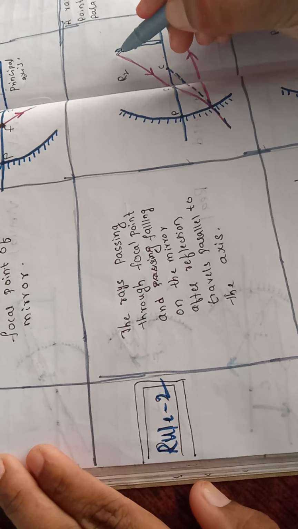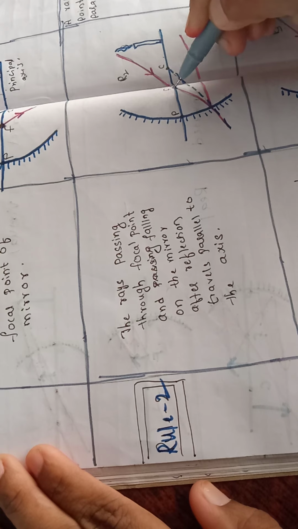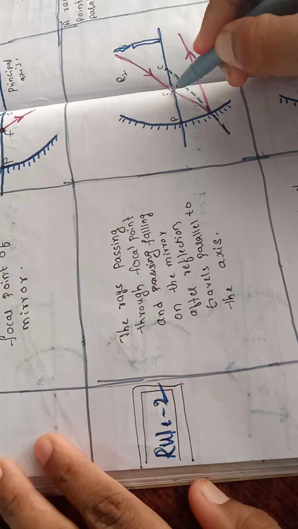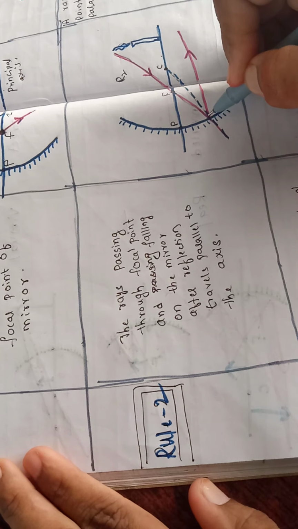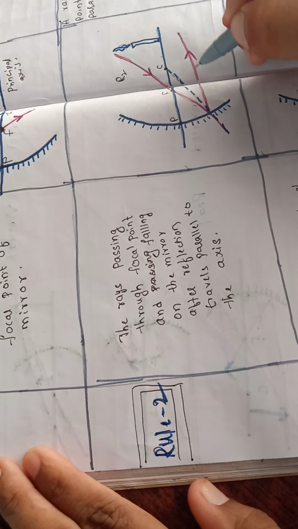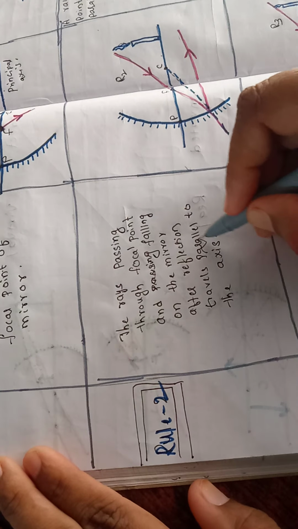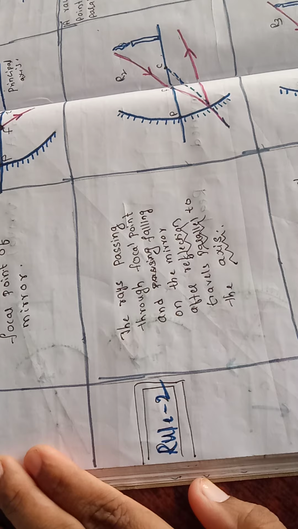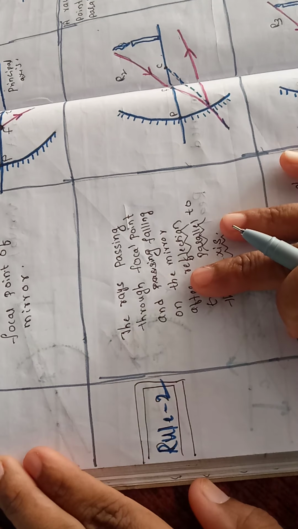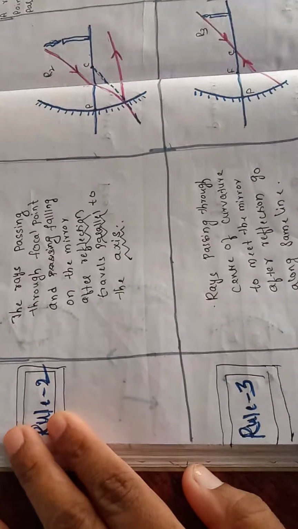All the rays are directed towards the focal point, and after reflection they travel parallel to the axis. This is rule 2.